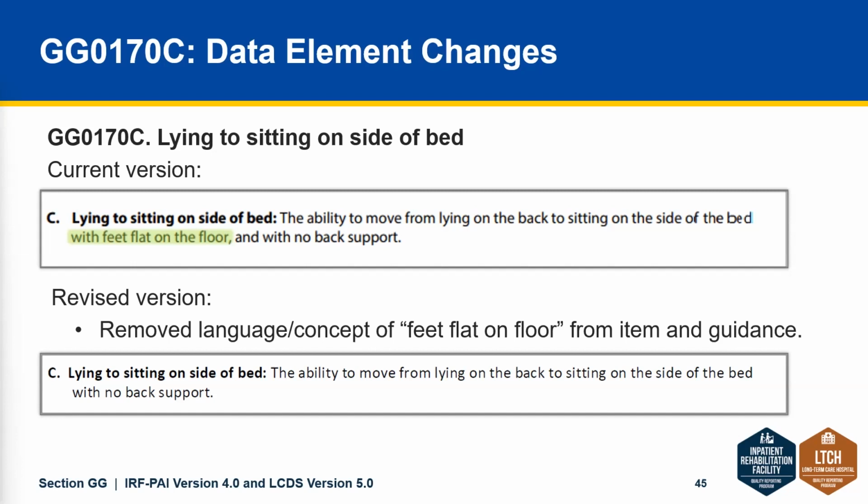This is to accommodate patients who are of short stature or who have bilateral lower extremity amputations and therefore do not have the ability to place both feet flat on the floor. A performance code can still be selected if a patient can sit on the side of the bed without both feet flat on the floor.